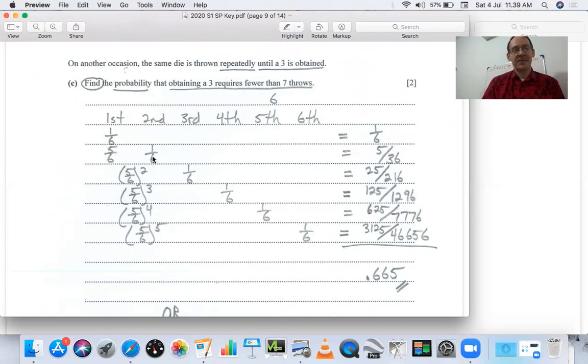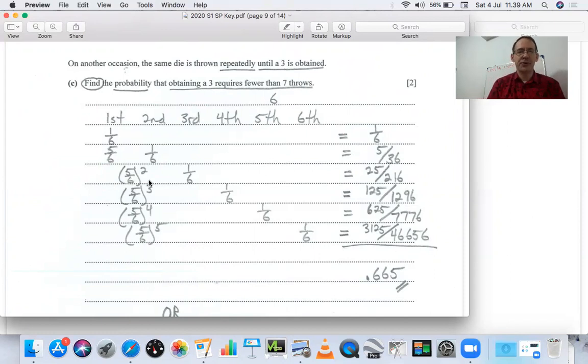What if you get it on the second throw? Well, that means 1 success and 1 failure. So 1/6 times 5/6 is 5/36. If you get it on the third throw, again, 1 success and now 2 failures. Now you say, how does this follow the geometric formula?